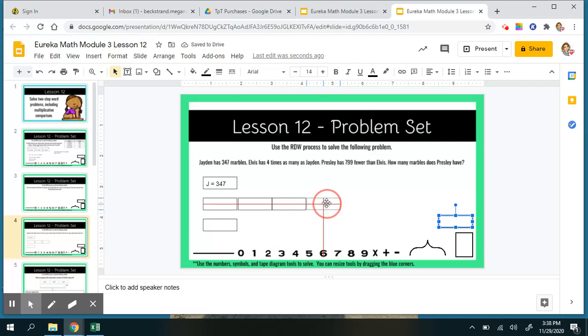So one of these units is equal to 347, and this here we're representing Elvis. Each of these are equal to 347 as well. Sorry, it's laggy when you record.